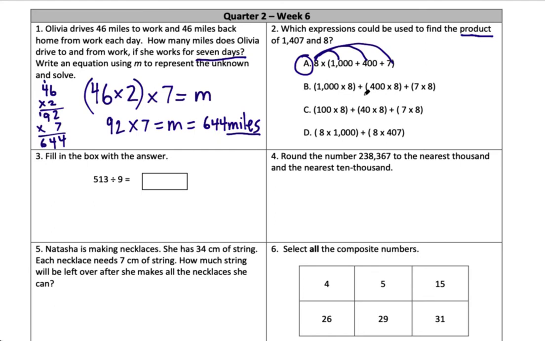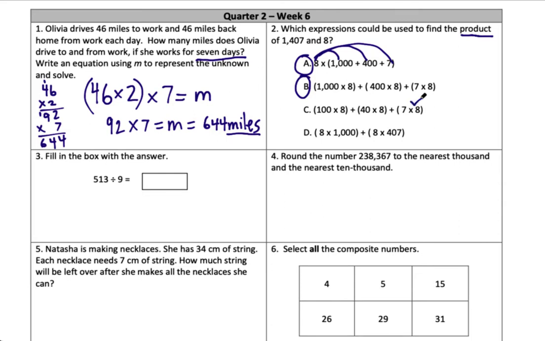Here they actually show the distributive property in each of the values in 1,407. So we have 1,000 times 8 plus 400 times 8 plus 7 times 8. That would also work. So let's look at this one. C says 100 times 8, 40 times 8, 7 times 8, and all these added up.